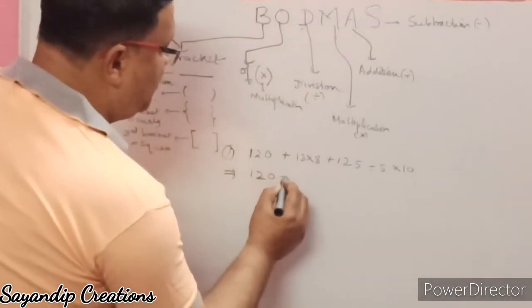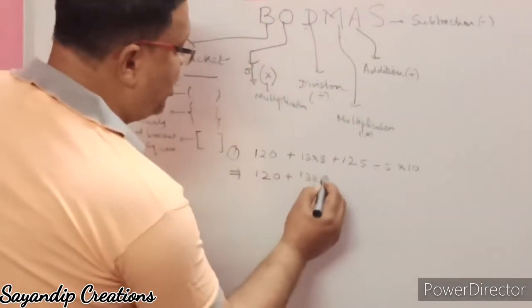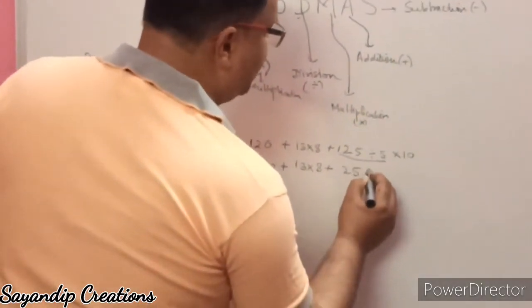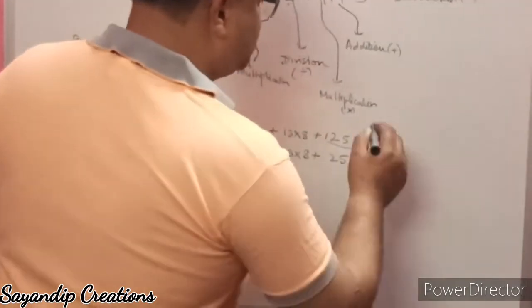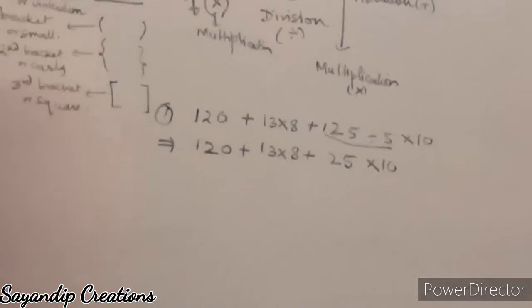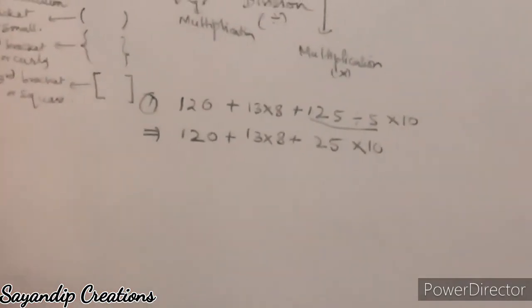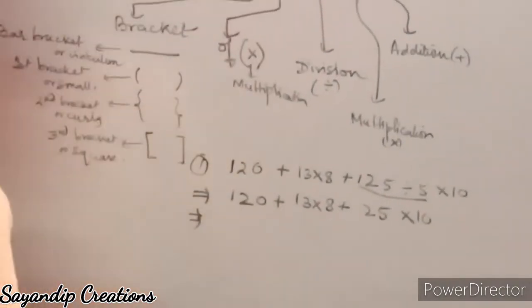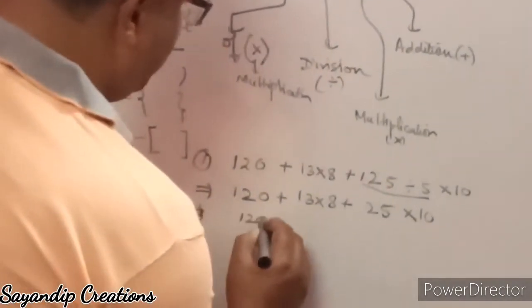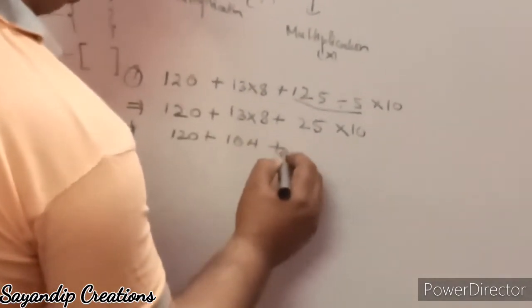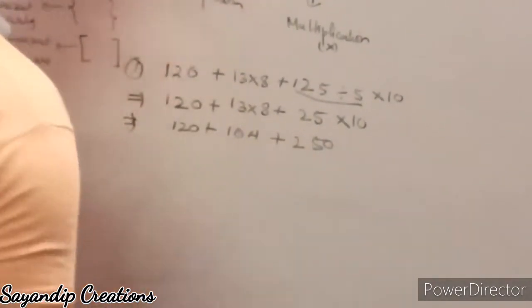So 120 plus 13 into 8 plus 125 divided by 5 is 25, into 10. The first operation we did here is division. The next operation is multiplication. 13 8s are 104, and 25 into 10 is 250.